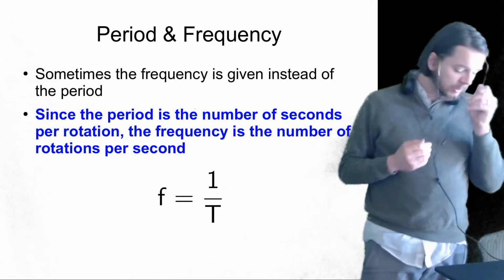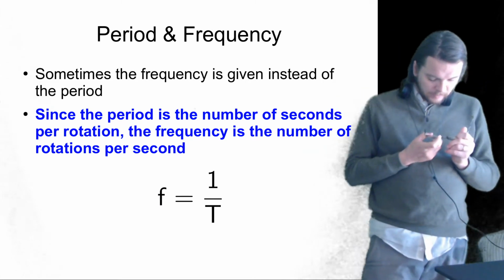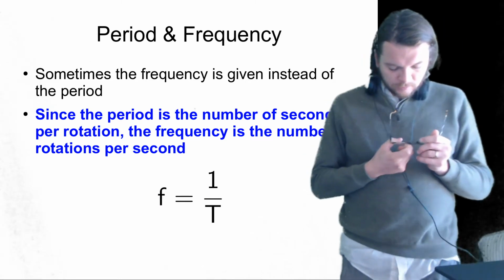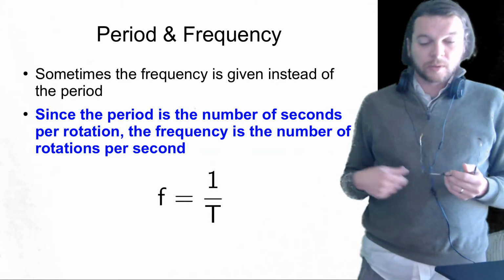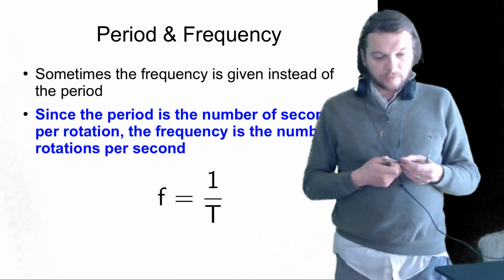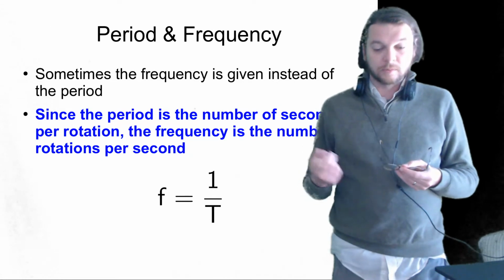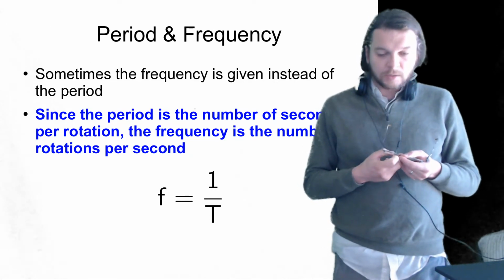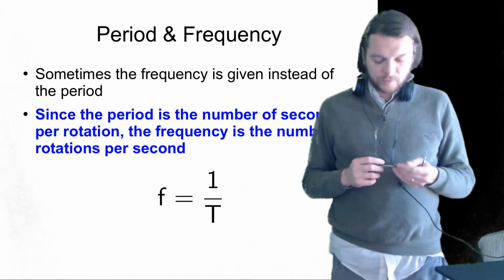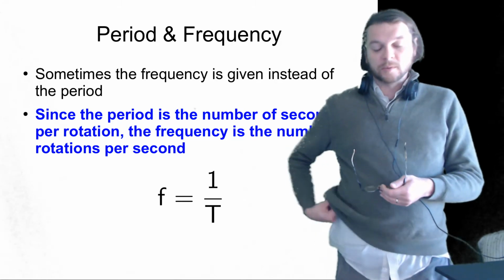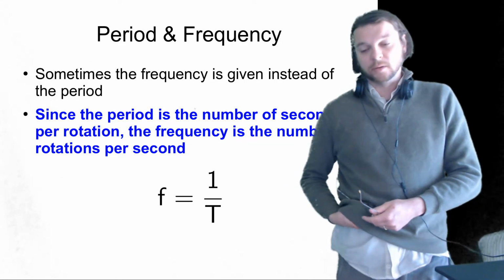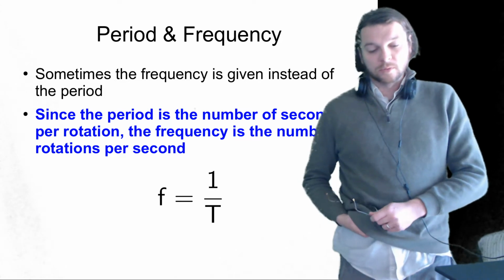Now, sometimes instead of the period, it makes sense to talk about the frequency of the motion. For something that takes a very short amount of time to do a full cycle, it may make more sense to talk about the frequency, although the two are closely related.